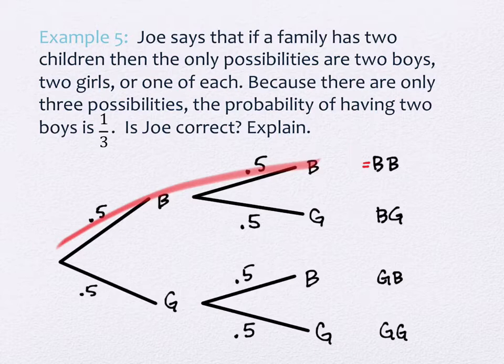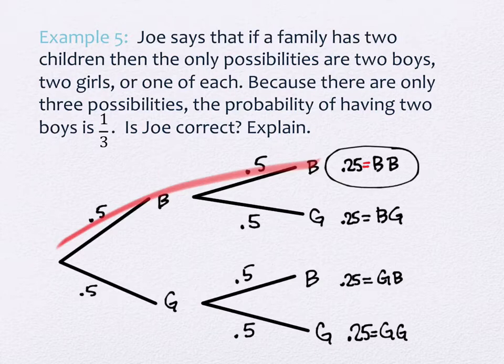What is it if I multiply 0.5 and 0.5? 0.25. The second one is also 0.25, right? And the third one is 0.25. And the fourth one is 0.25. So what's the probability of having 2 boys? Well, it's 0.25 or 1/4, not 1/3.